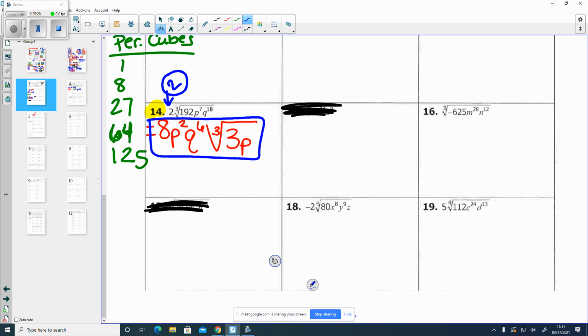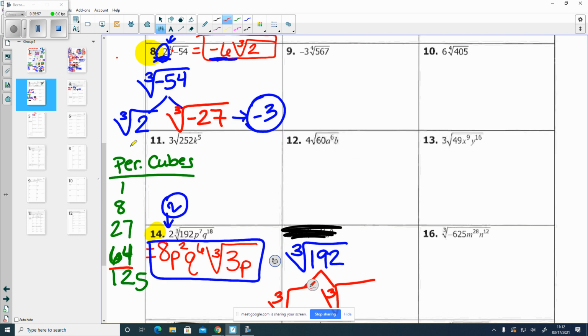We're going to do the cube root of 192, and split that into perfect ones. So what times what is 192, but one of them is a perfect? Good. So 64 is one of my perfects.